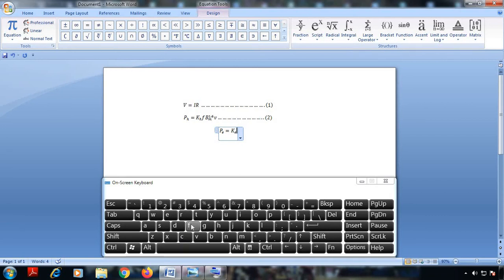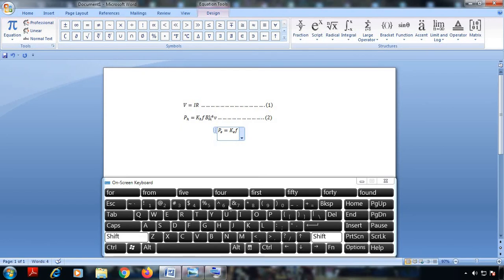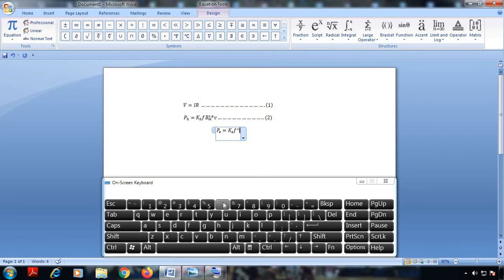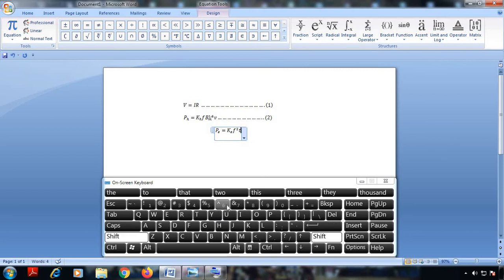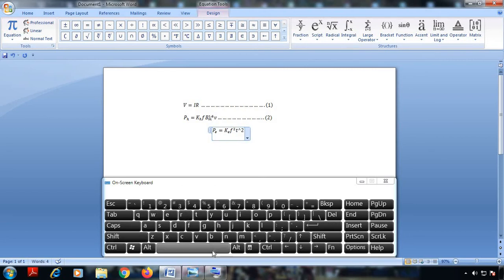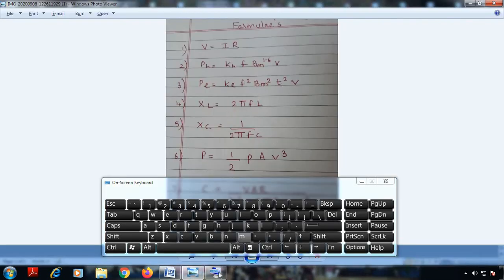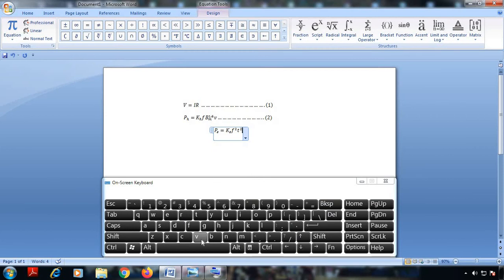So I'll make use of F superscript square, so raised to 2, and I'll say space F square T square V here. So this is the way I am going to write that formula, and it's as simple as that, and it looks to be in a presentable format as well.